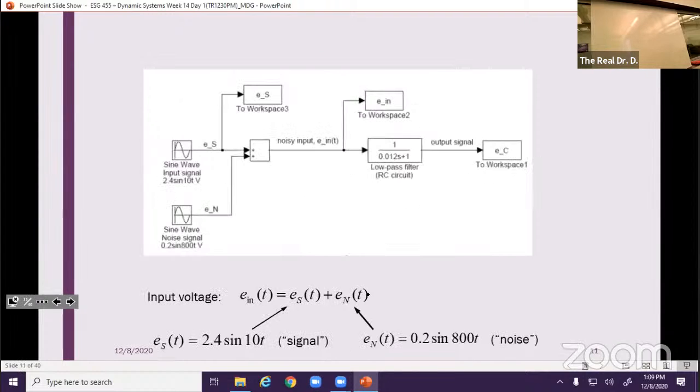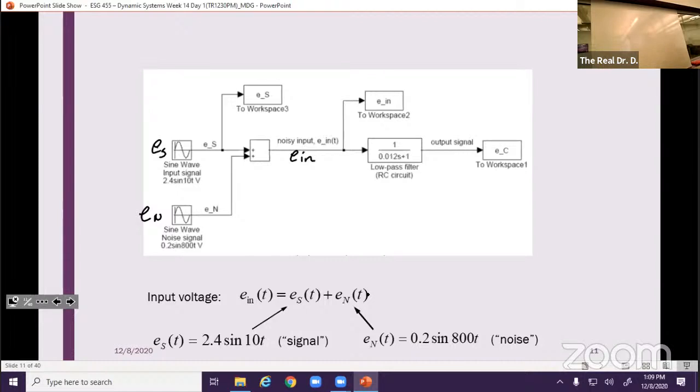And so I can test this in Simulink pretty easily. I've got my sine wave, 2.4 sine 10t, on the top there. I'm adding to this. Here is E sub s, this is E sub n, and once I add them together, this is E in. I know these are all labeled next to them, but I labeled them anyway for reasons.